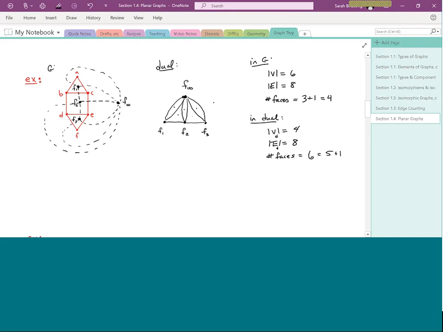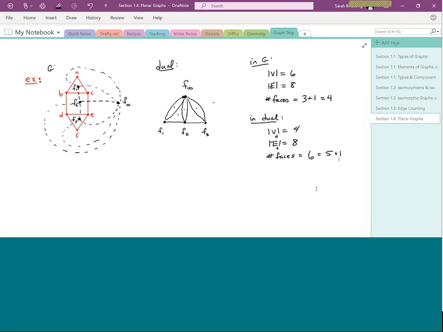Okay. Now, anybody notice a correlation between these numbers, the 6, the 8, the 4, and the 4, the 8, the 6? Hopefully you're all thinking to yourselves, yeah, the order reversed.